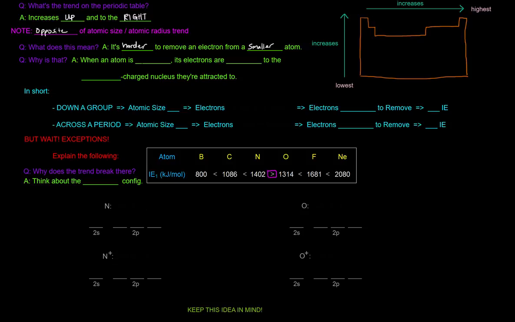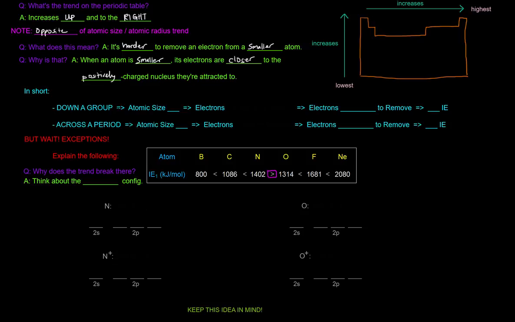When an atom is smaller, its electrons are closer to the positively charged nucleus, and therefore the force between the nucleus and the electrons is greater, because the electrostatic force is inversely related to the distance between the charges. So if the electrons are closer to the positively charged nucleus, it's going to be harder to rip them off. So if you have a smaller atom, the ionization energy will be higher.